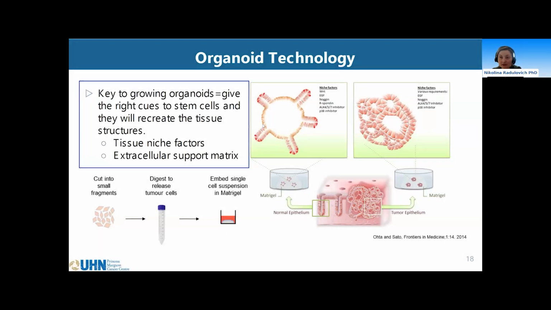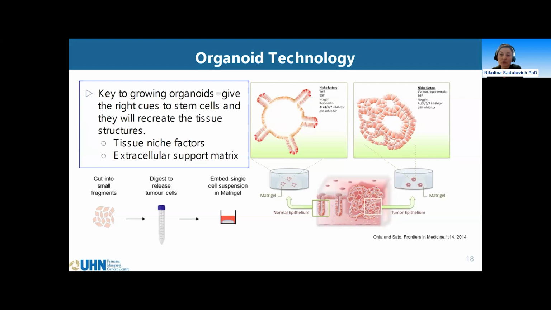So how do we grow organoids? The key to growing organoids is to give the right cues to the stem cells or initiating cells in the tissue to recreate the tissue structures. You do that by manipulating the pathways in these cells. You either activate certain pathways or inhibit other pathways so the cells follow a certain fate. We call these tissue niche factors, and some of them are listed here. It really depends on the tissue type.